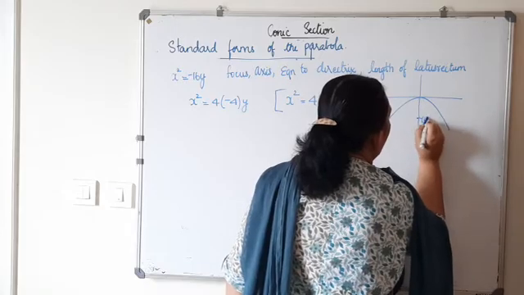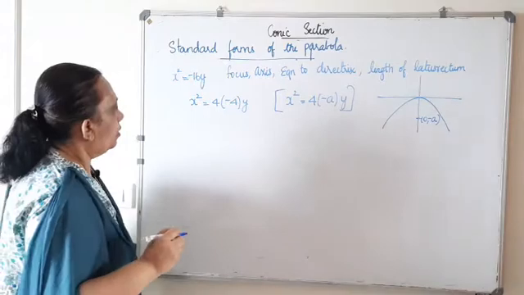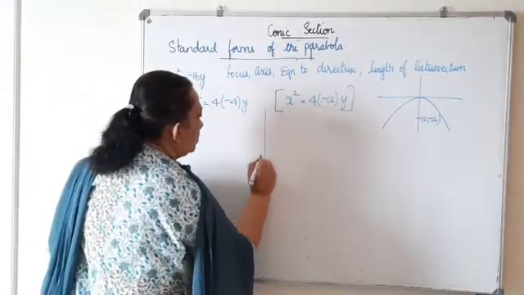Focus is equal to 0 comma minus a. So the focus is, let us draw the sketch of this one.